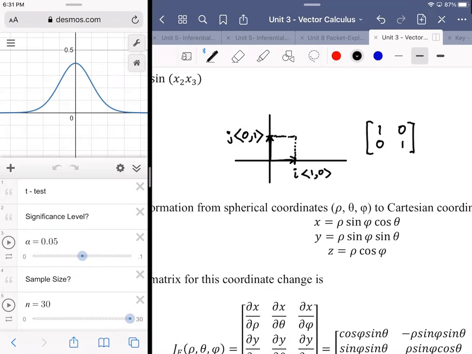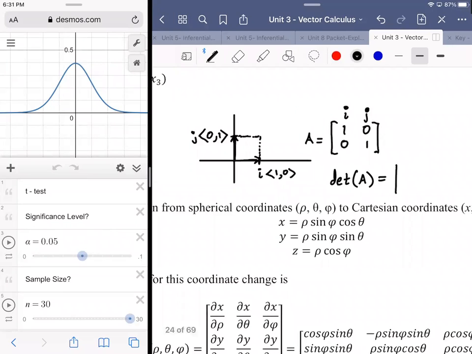All right, so here's my i, here's my j. I call that matrix A just for the sake of having something easier to write when I want to write determinant of matrix A, which is diagonal down minus diagonal up gives you a 1.